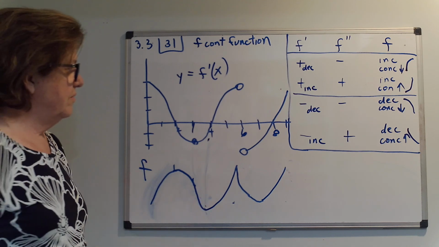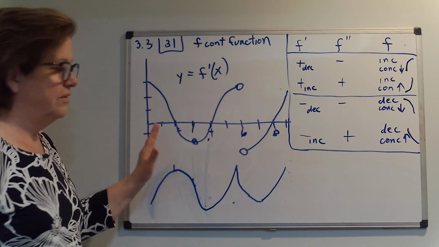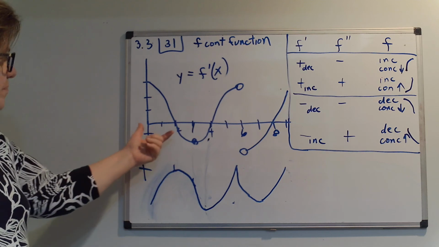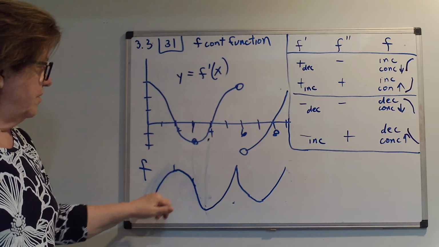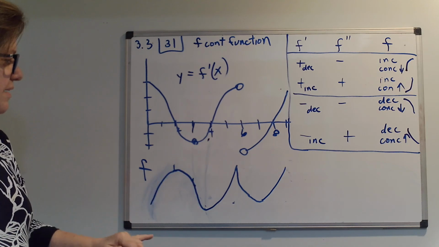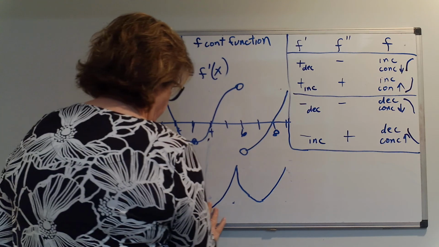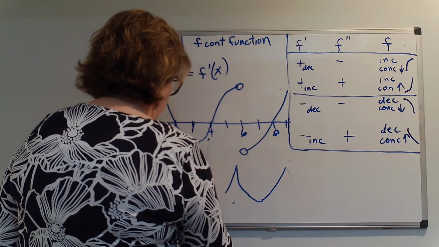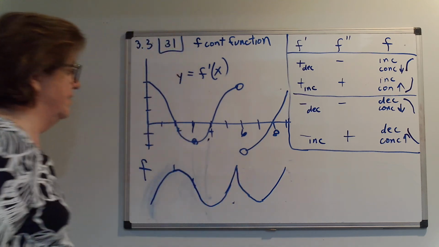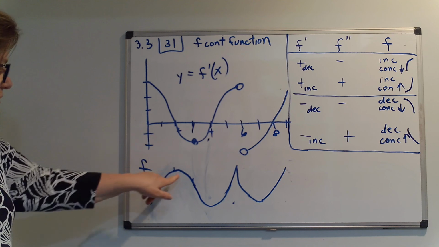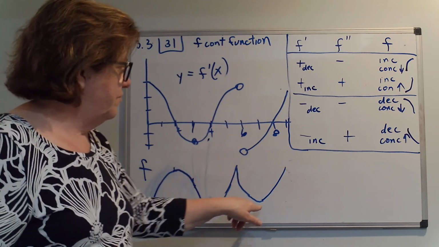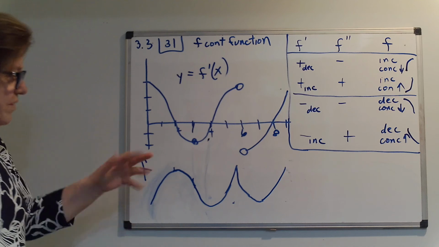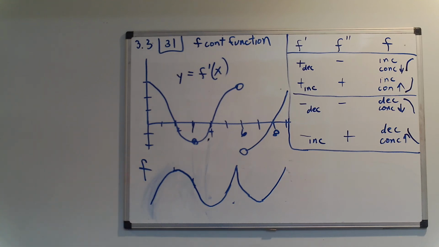We do know we can look at all our intervals. What's happening on this interval, this interval, this interval, and we can make a guess and then check and see if it fits and make it a little more symmetric. We don't know how far up to go here, how far down to go here, how far up to go here, how far. We don't know. All we know is that that's got to be the shape.